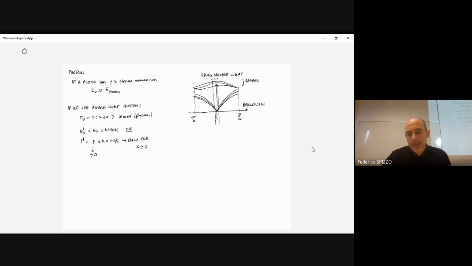So light may detect this change of density, because the change of density gives rise to a sort of change in the index of refraction. You have a slight change of density, a slight change in the index of refraction, and the light is able to detect this slight change.